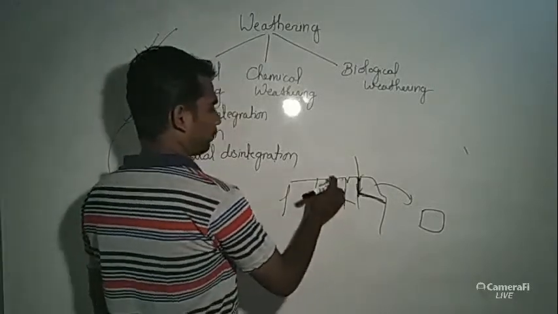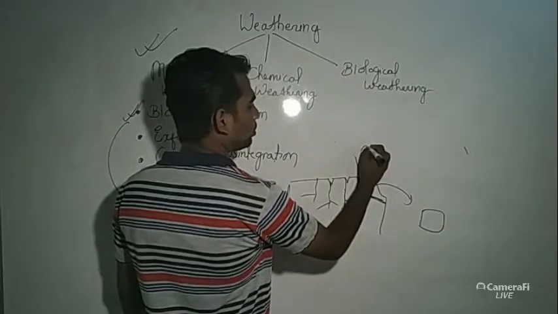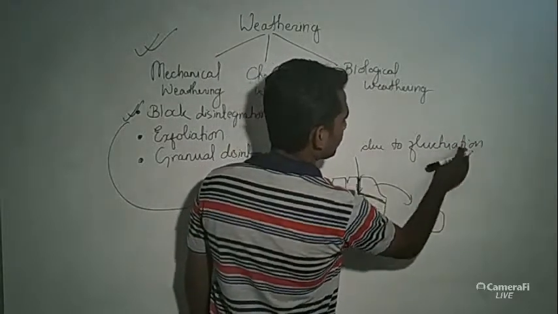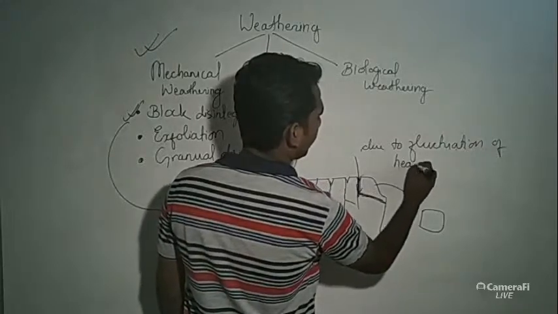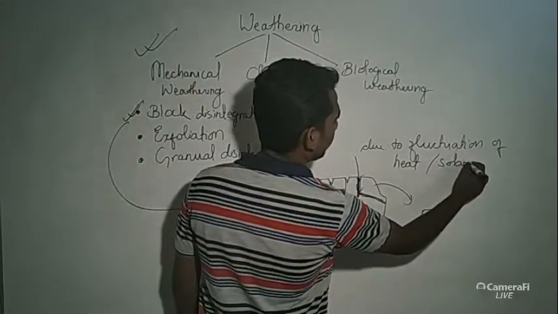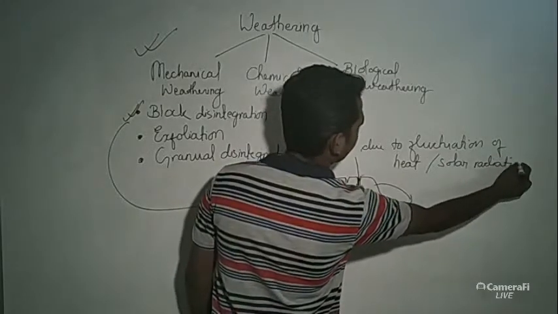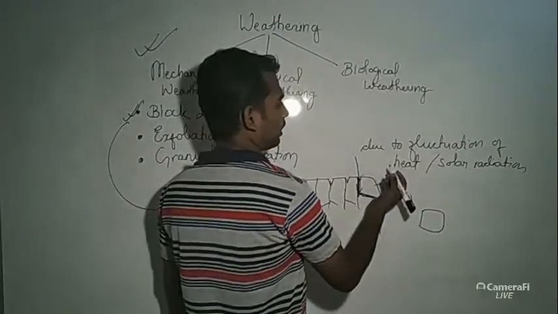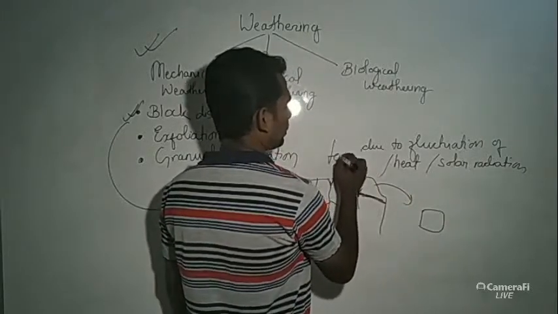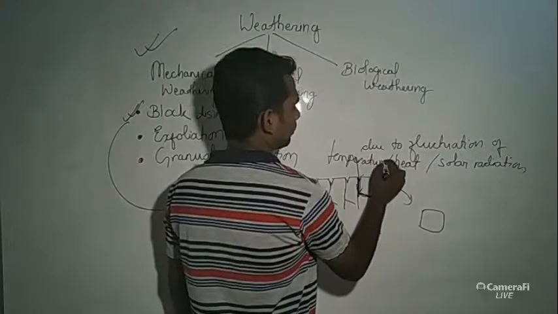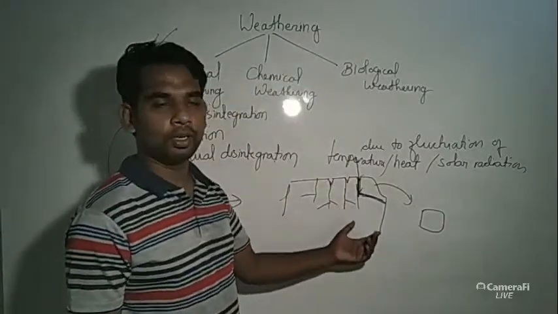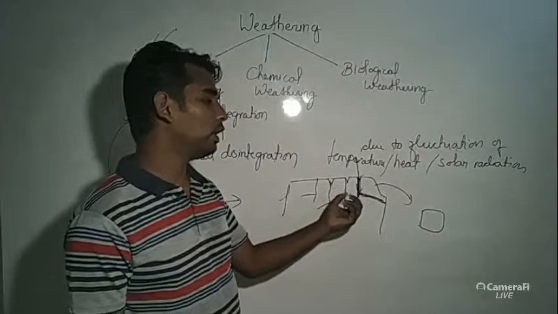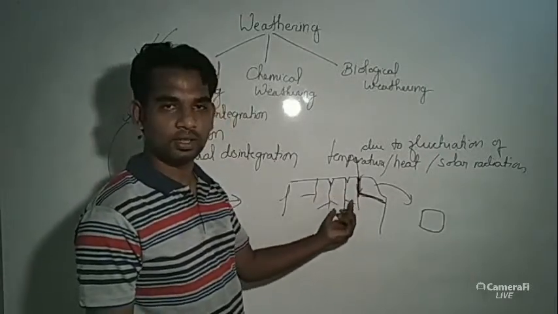How does this take place? Due to the fluctuation of heat or solar radiation, or you can say temperature.